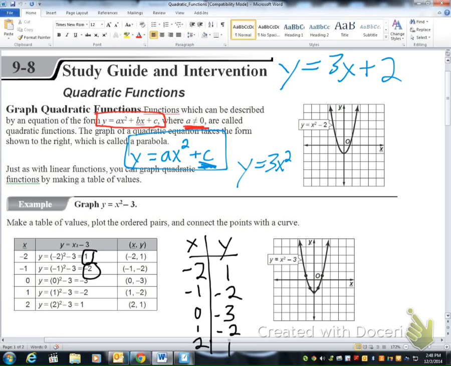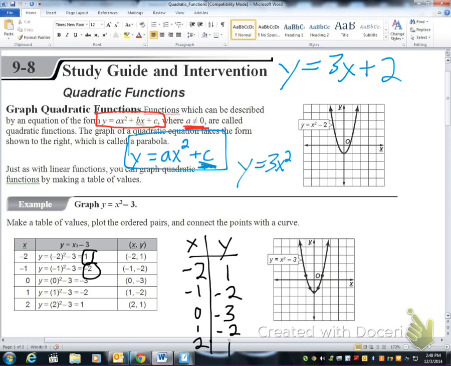So that's why this is (0, -3) because we go left, right, none, and down 3, which since it's going by 2s, that's 2, and then 4 would be there, so 3 is right in the middle. So that's (0, -3). 1 is only going to be halfway over because this is a 2.